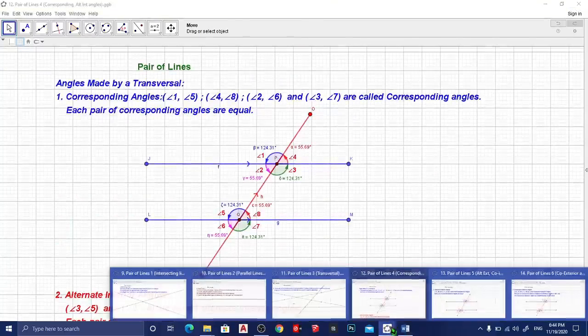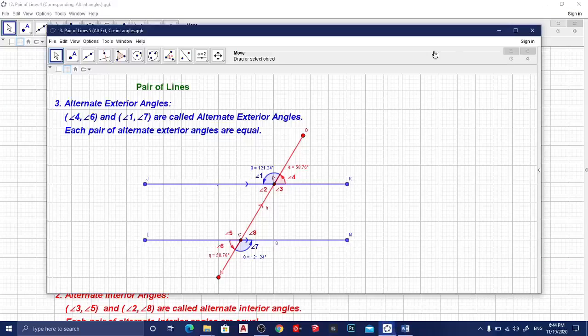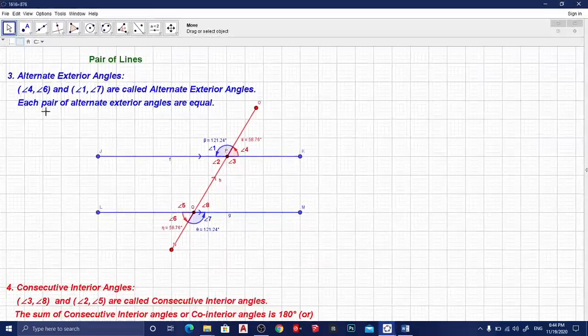Alternate exterior angles. Already interior is over, now exterior. The angles which exist in the exterior region of the parallel lines are called exterior angles, and those which are existing at the alternate or opposite sides of the transversal are called the alternate exterior angles.